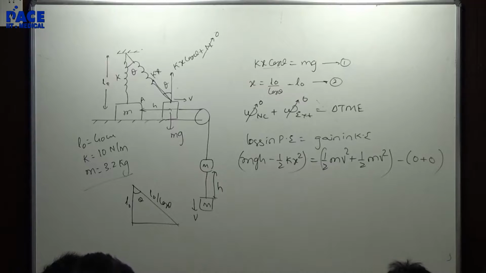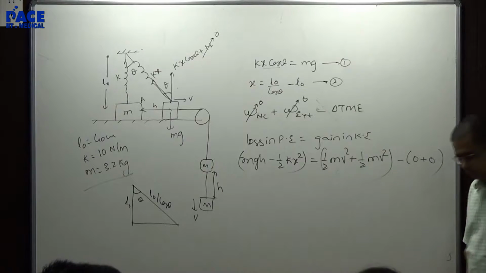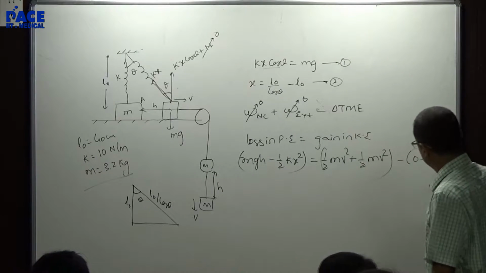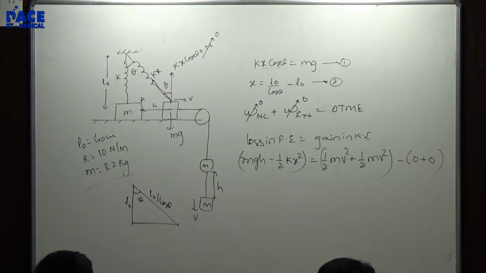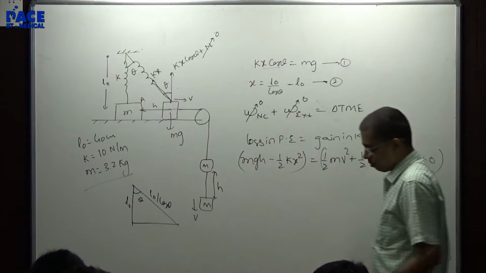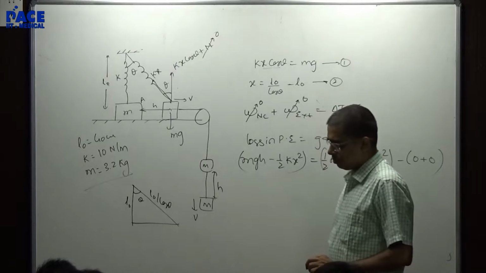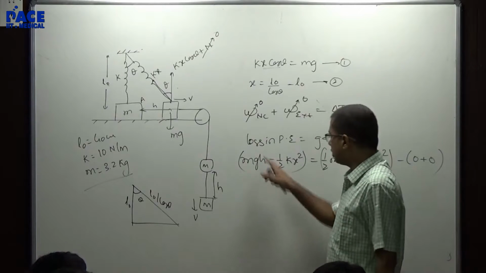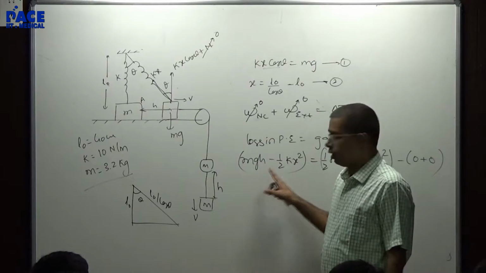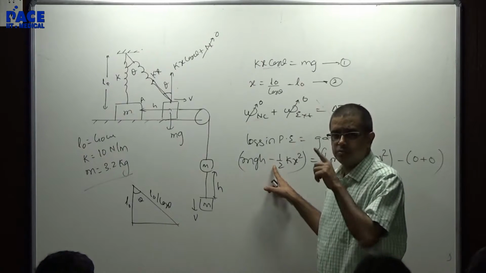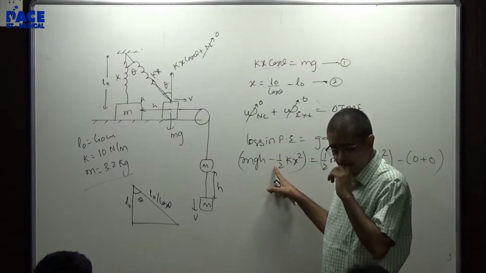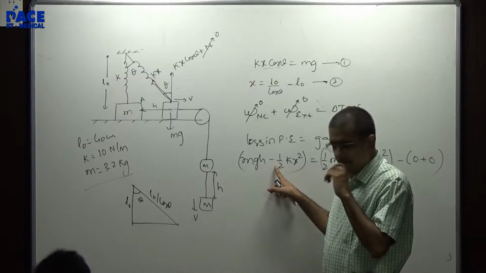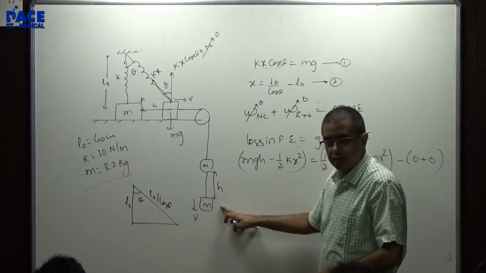Sir, in the last step, why have you written mgh minus half kx square? Your doubt is why it is minus or plus. Is that your doubt? Yes, sir. This is the loss in potential energy.